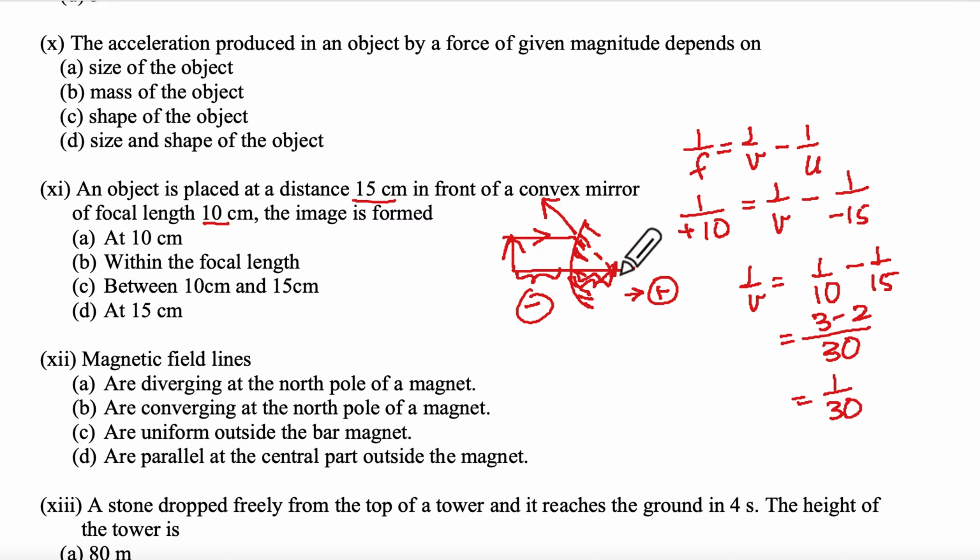Focal length is here, is positive, is correct. This is negative, is correct. So, this will be plus. It goes that side, it will be minus. So, 10 3 is 30 and 15 2 is 30. 1 upon 30. So, why am I getting this? Check your formula. Did you give me the correct formula?